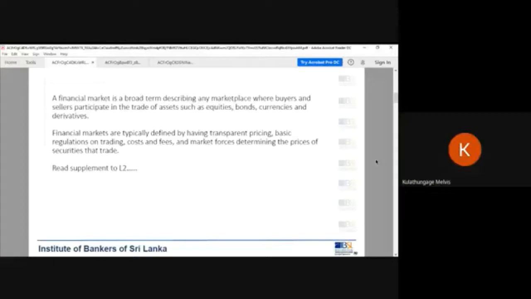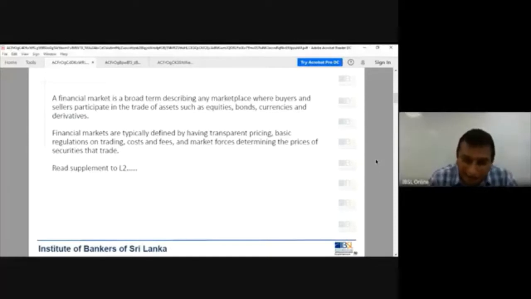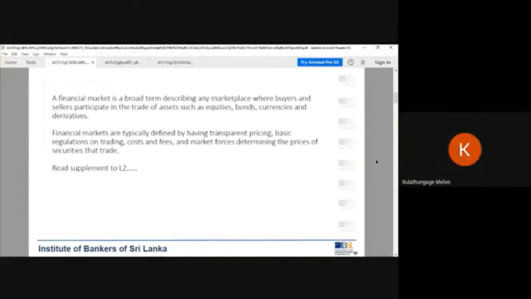Excuse me, sir, can you just explain the difference between the financial market and the financial intermediaries? Financial market and a financial intermediary, okay.